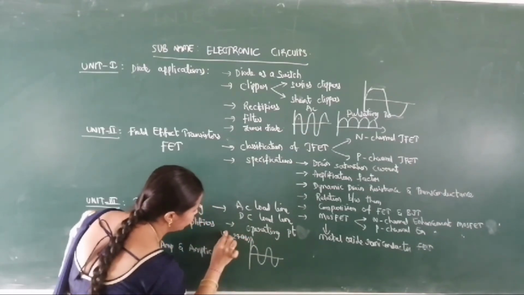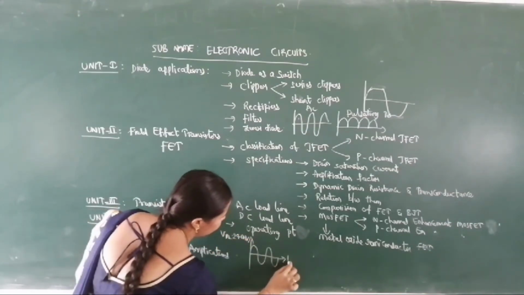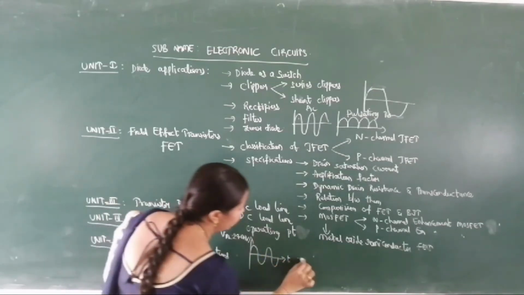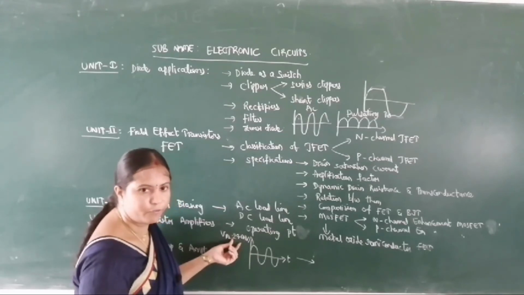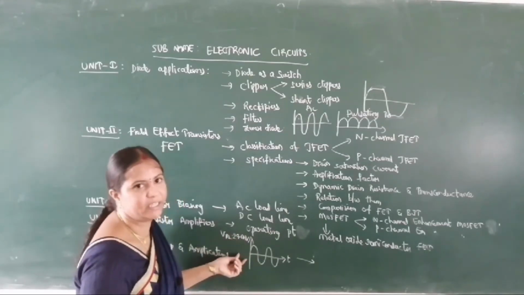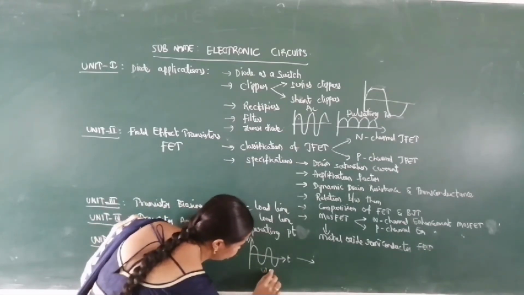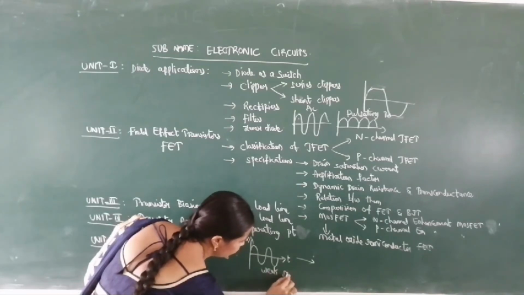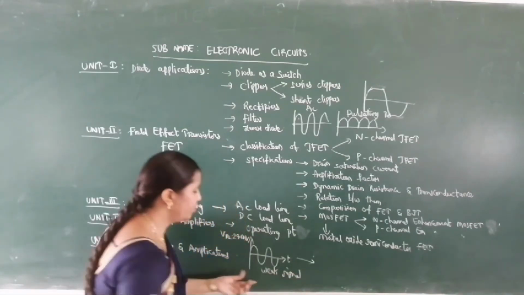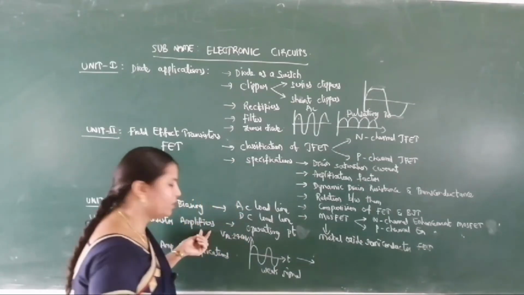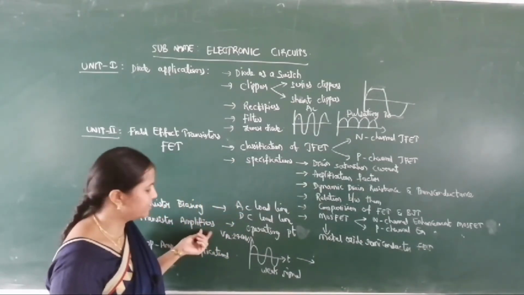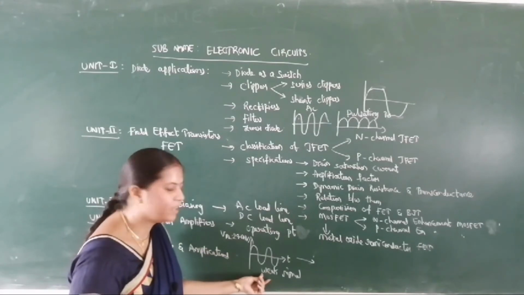This is the input voltage, and this is a very weak or small signal. If you want to increase the strength of this weak signal, you have to give it to the amplifier circuit input.